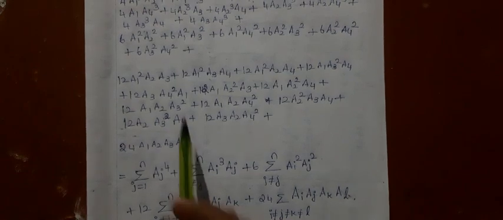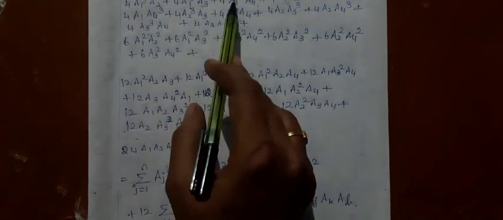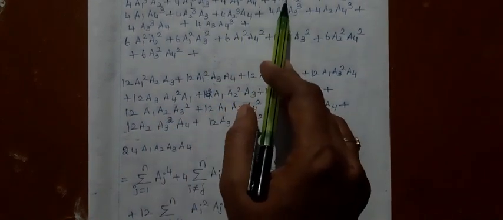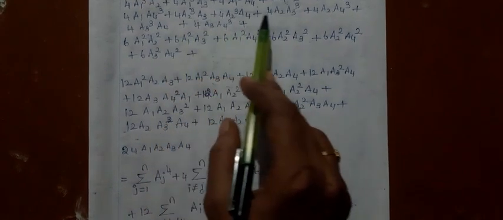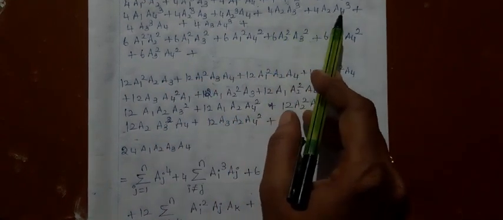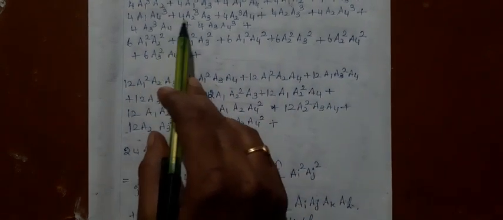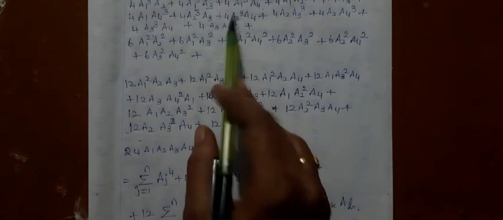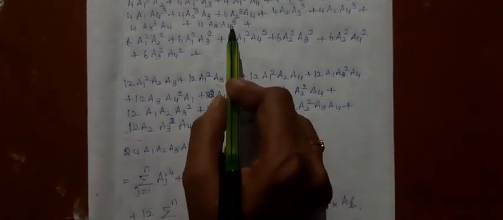Plus 4 times: a1 cube a2, a1 cube a3, a1 cube a4, a1 a2 cube, a3 a2 cube, then a4 a2 cube, and so on. So I understand i is not equal to j. i and j are different. Summation over i not equal to j of ai cube aj, all possibilities have occurred.